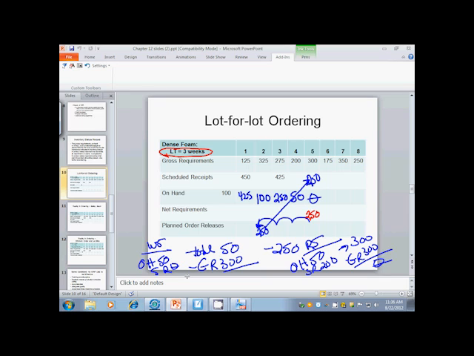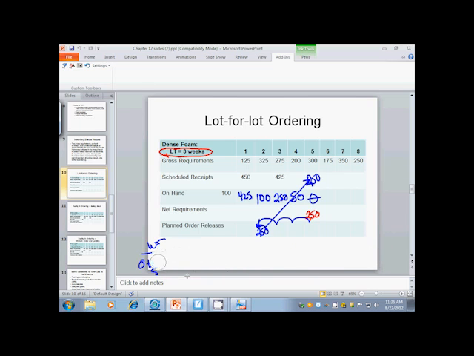We can now move on to week 6. At the end of week 5, I had left on hand 0.